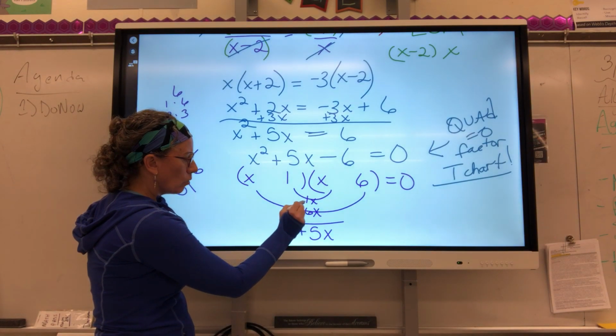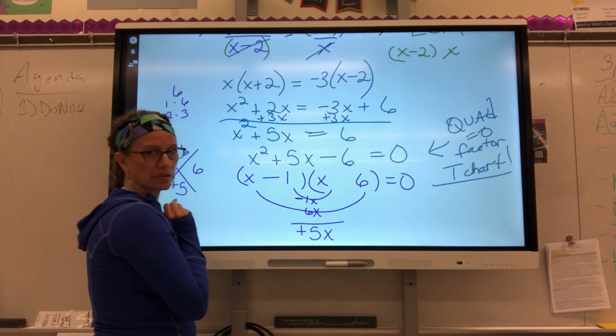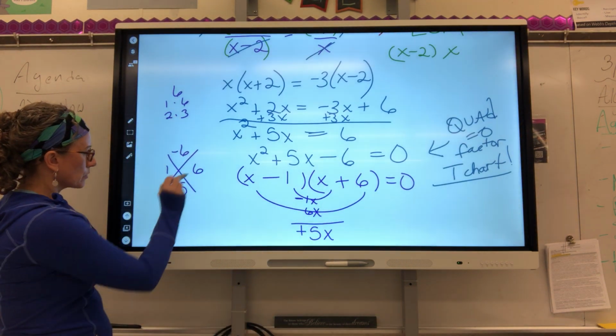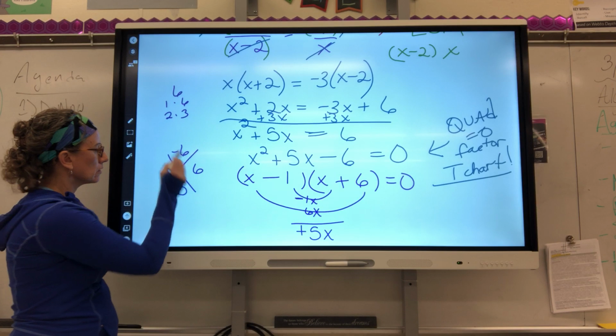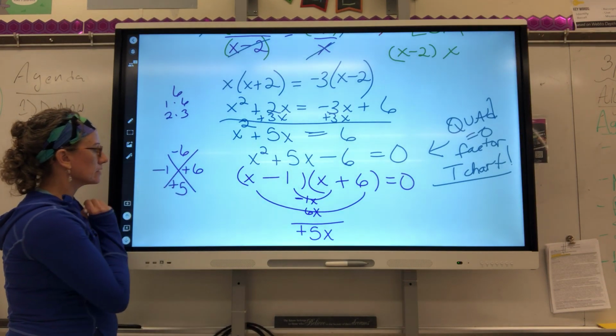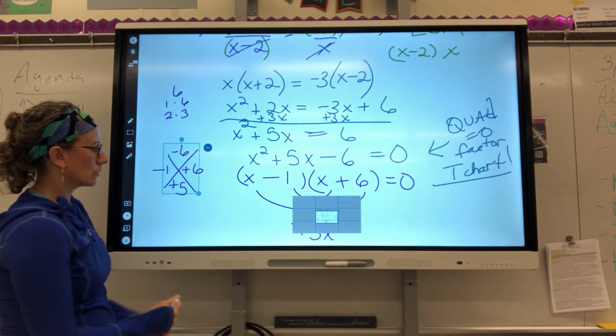So I need the 1x to be negative, which means the minus goes there, and the plus goes there, okay? So if I was doing it in the x method, little chart here, I would put the positive there and the minus there. So x minus 1, x plus 6, okay?